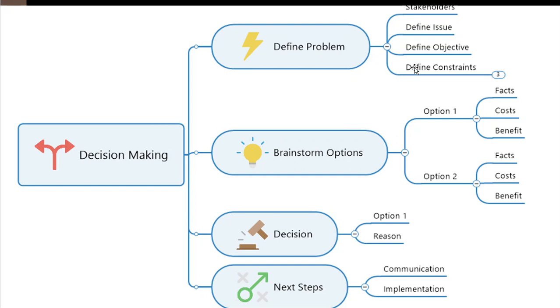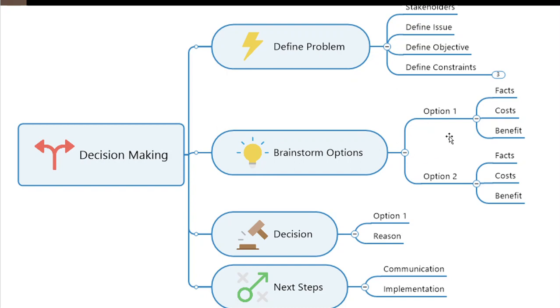You can jot them down on a piece of paper or write them on a whiteboard. So we have two branches, two options from the brainstorm options. Of course, this is optional. It is up to you how many branches you have; it depends on your ideas.